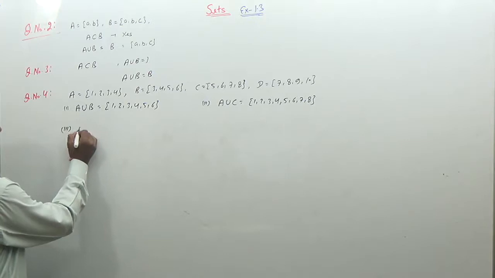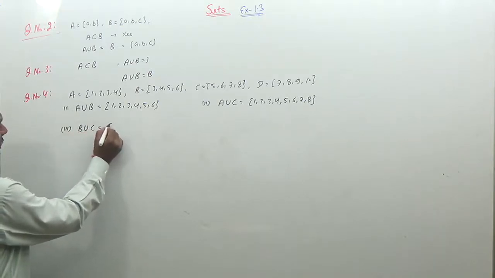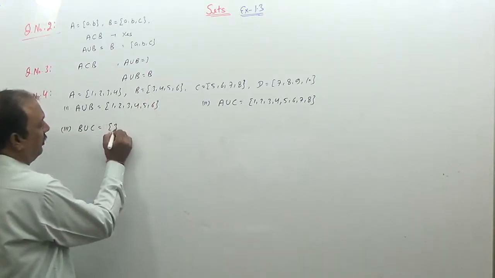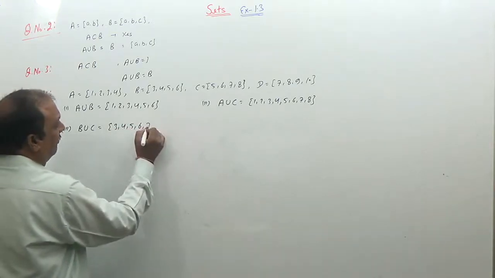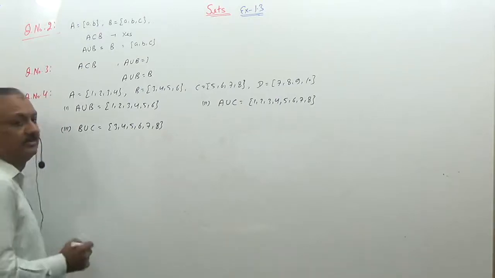Third one is B union C. Elements of B are 3, 4, 5, 6 and of C are 7 and 8.